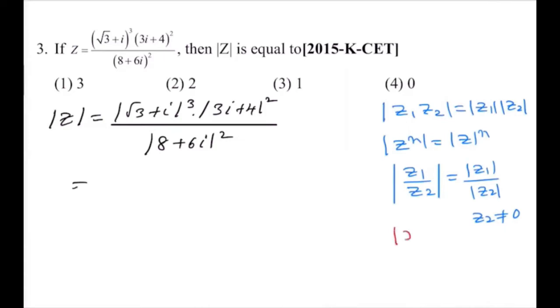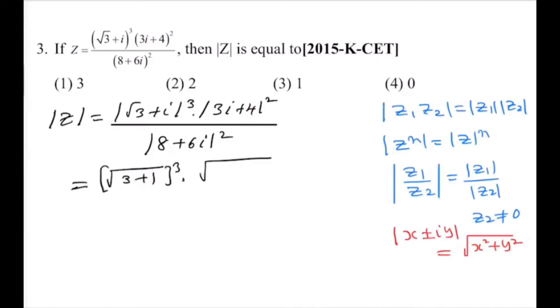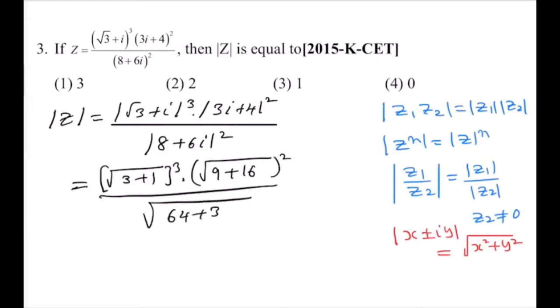Remember, modulus of x plus or minus iy is root of x square plus y square. So we can write this as root of 3 plus 1 whole cube into root of 9 plus 16 whole square upon root of 64 plus 36 the whole square.